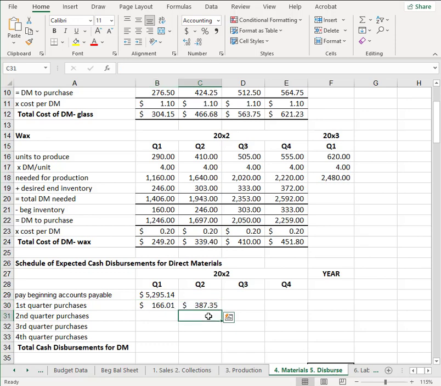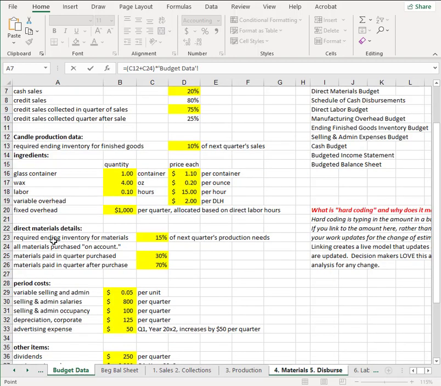Now, let's do the payments for quarter two. So quarter two, open parentheses, is going to be the combination of the purchases for the glass containers plus the purchases for wax, times purchased in quarter two, paid in quarter two. That's what I've got to click on.